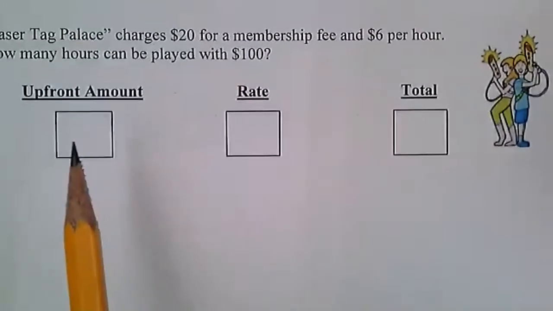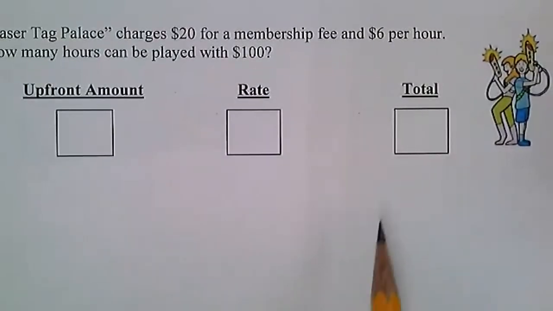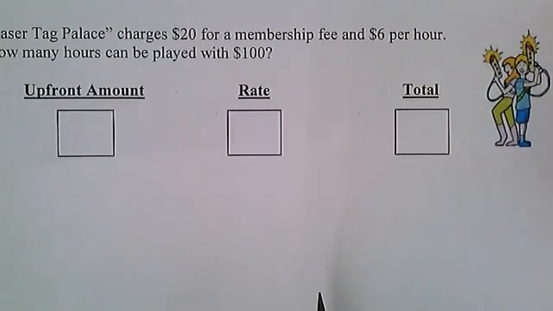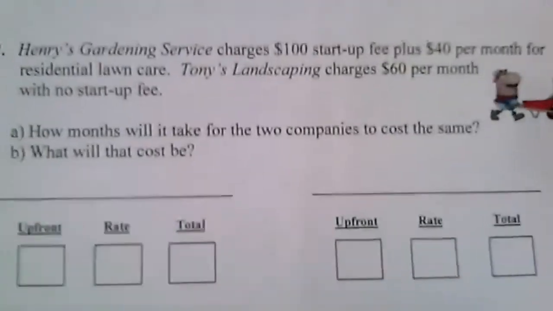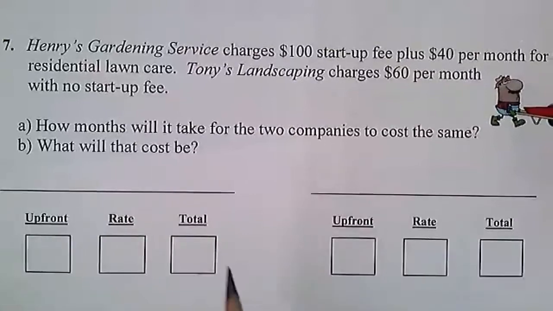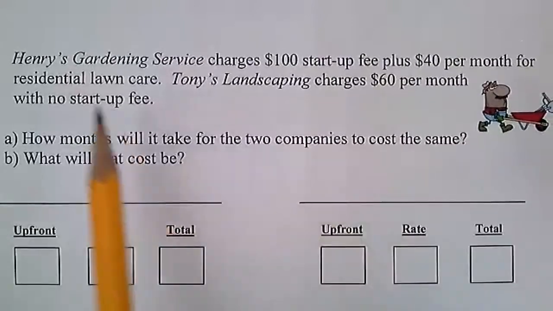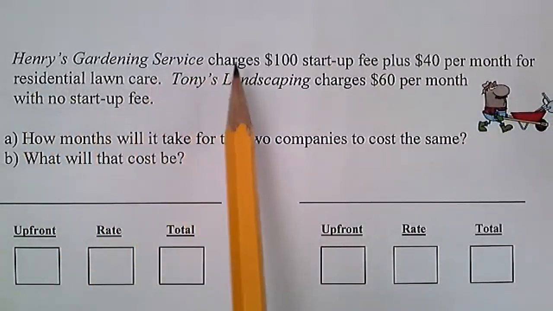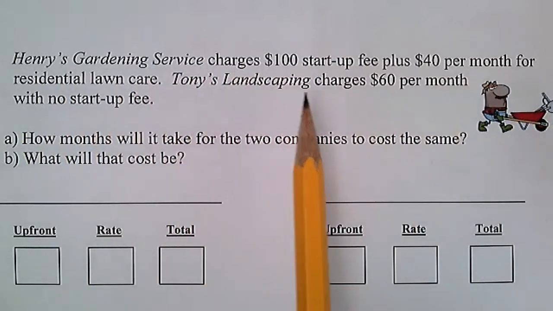We're solving them. We're not just filling in the boxes. You're solving the entire word problem. And then the last one is one of these where you've got 2 different companies. And this is a gardening service. So we've got Henry's Gardening Service and we have Tony's Landscaping.